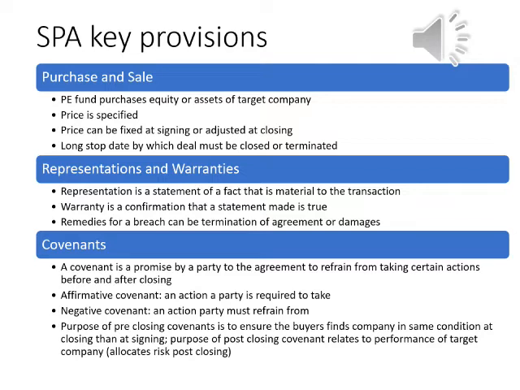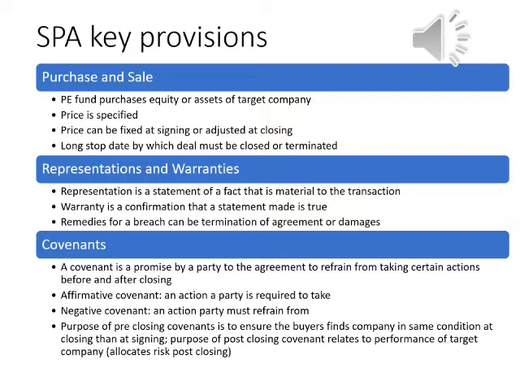Covenants. A covenant is a promise by a party to the agreement to take or refrain from taking certain actions before and after closing. An affirmative covenant is an action a party is required to take. A negative covenant is an action a party must refrain from. The purpose of pre-closing covenants is to ensure the buyer finds the company in the same condition at closing as at signing.